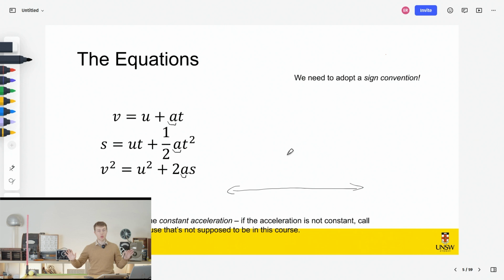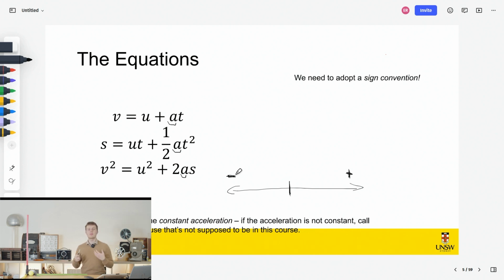We're not going to be dealing with 2 dimensions just yet, although we will get there. And you already know most of it, so don't sweat it too much. But what we are going to also do is adopt a sign convention. We're going to say that one particular direction is positive and one particular direction, i.e. the opposite to that, is negative.